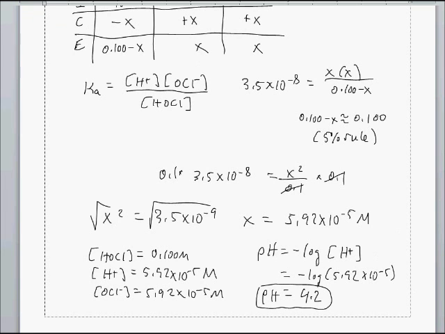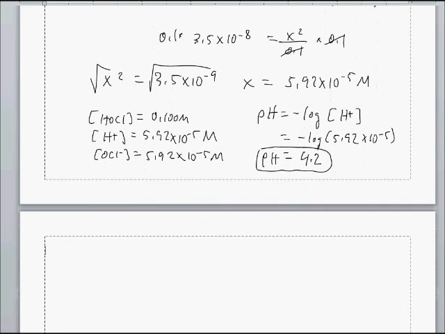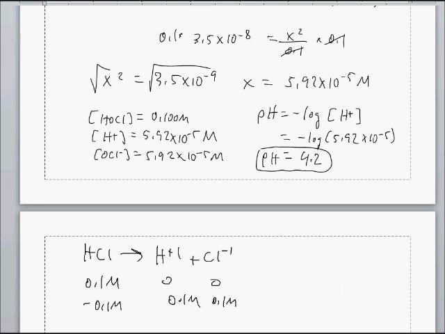Just for the sake of argument, if we had done this for a strong acid, for example, hydrochloric acid, which goes 100% to the ionized form, if you had started with a 0.1 molar solution of this and none of these, you would have lost all 0.1 molar to dissociation. You would have gained 0.1 molar of each. And so at equilibrium, you'd have effectively none of this, 0.1 of this, and 0.1 of that.